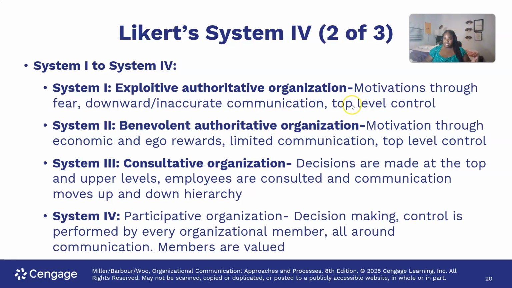Maybe more bureaucratic organizations, or organizations where order is more important than, I don't want to say happiness, but the economic ego of their employees, more bureaucratic systems might fall under System 1 or 2. So when we think about different types of organizations, think about some examples that can be in 1 through 4.